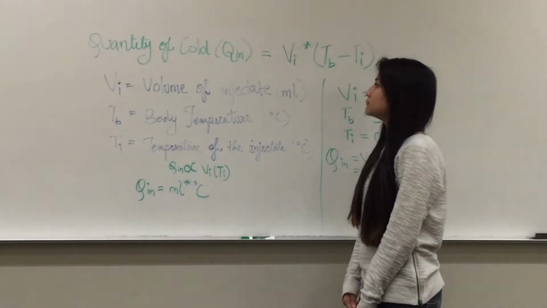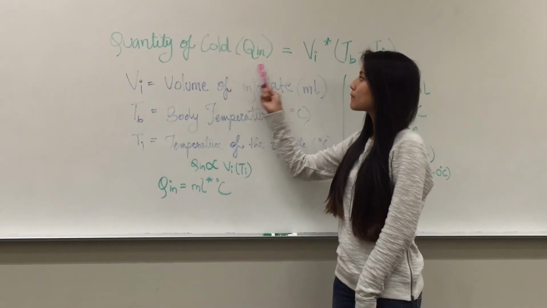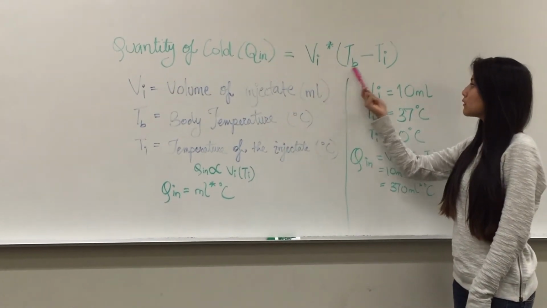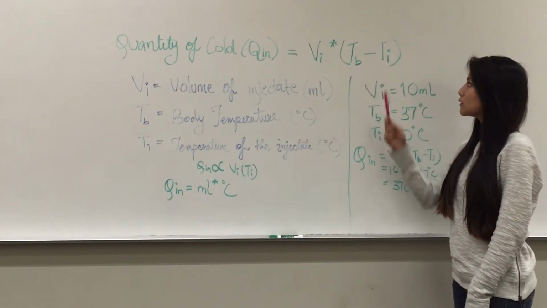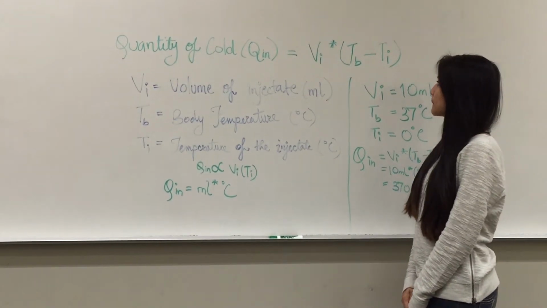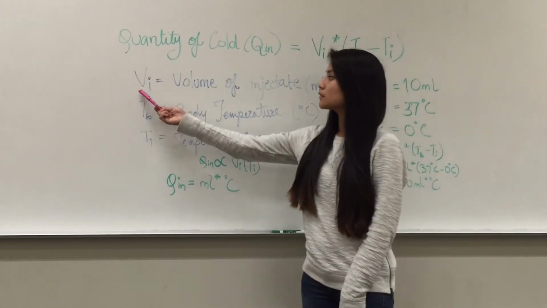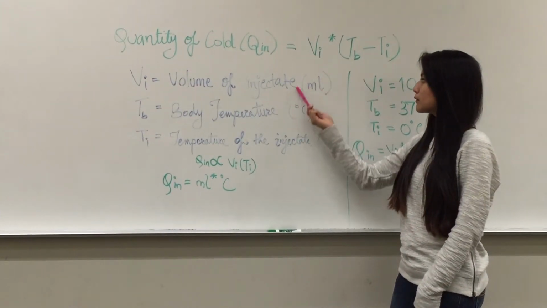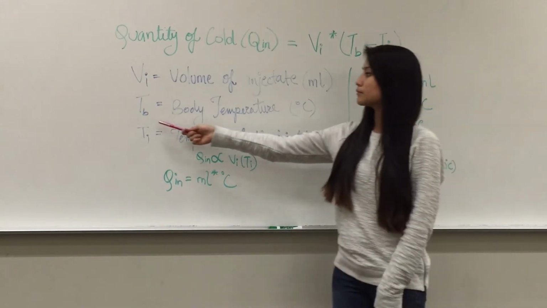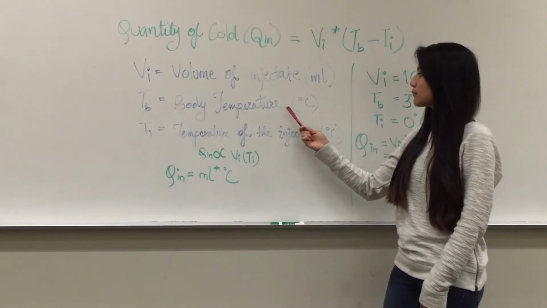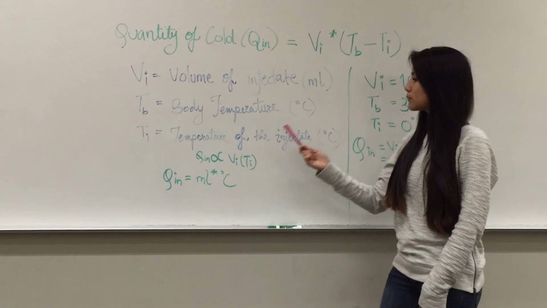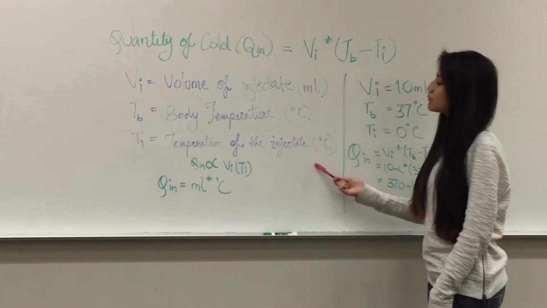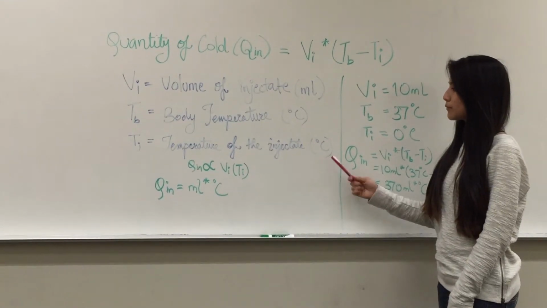Quantity of cold, which is Qin, is the product of volume of injectate times the difference of body temperature and the temperature of the injectate, where Vi stands for the volume of injectate, which is measured in milliliters, Tb stands for body temperature, which is measured in degrees Celsius, and Ti stands for temperature of the injectate, which is also measured in degrees Celsius.